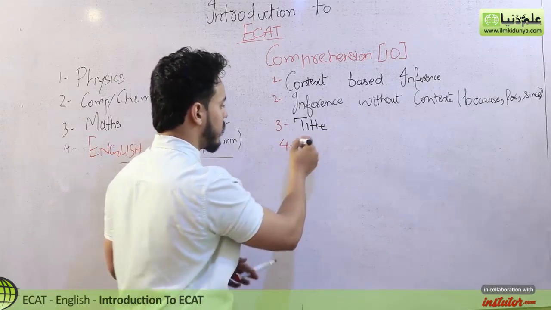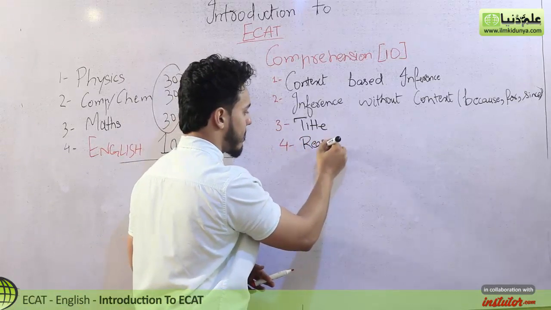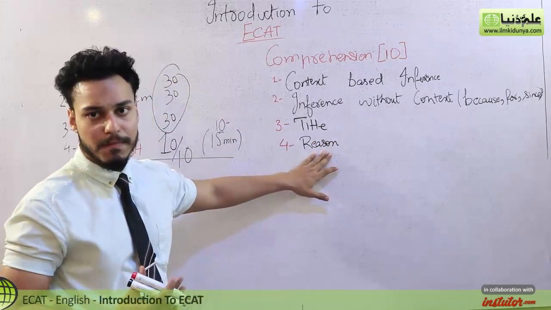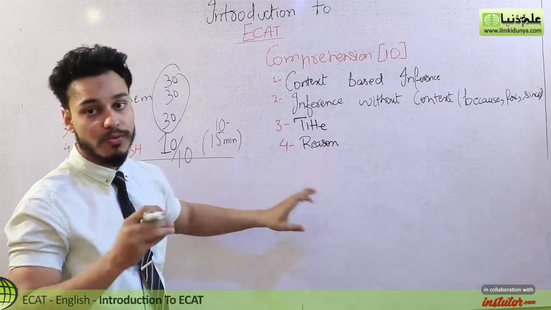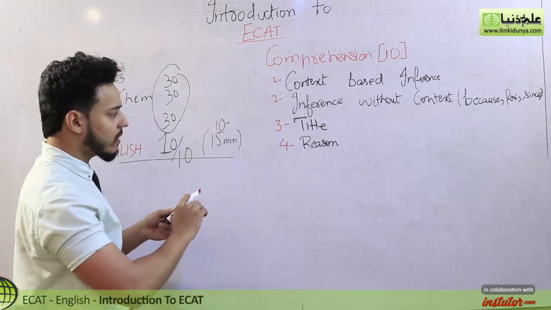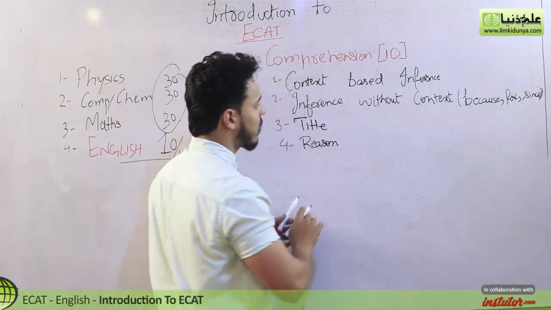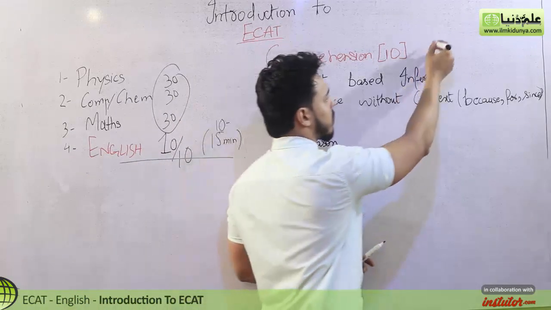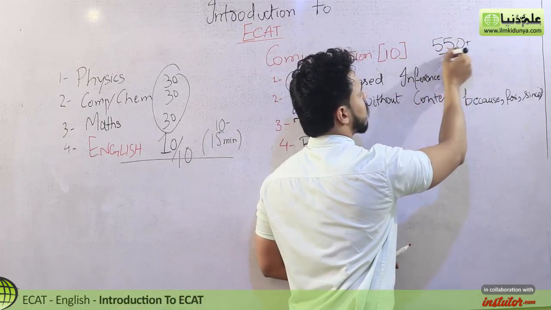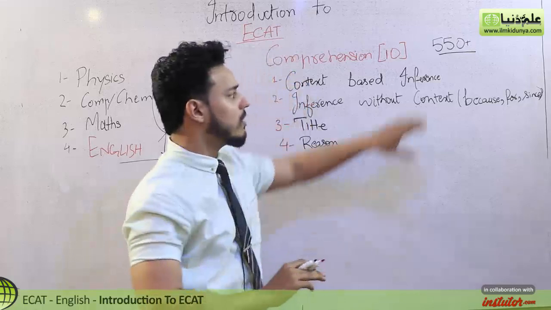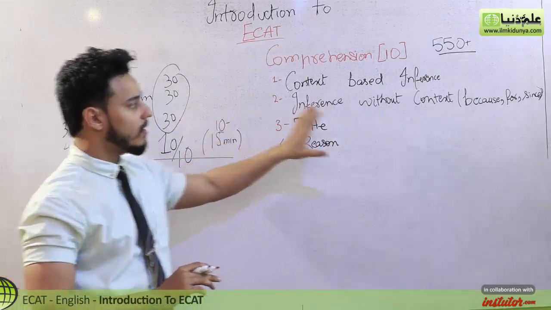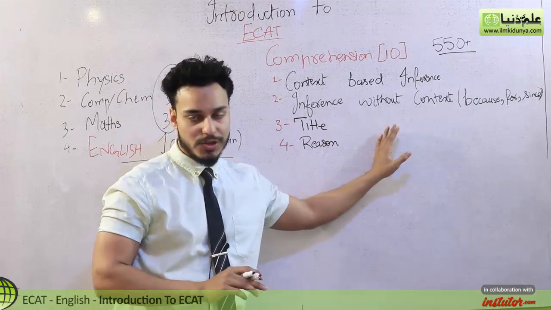Then we have reason. Reason, as in 2016 paper of ECAT, what was the reason behind this? So we'll discuss that it was a passage of comprehension which has almost 550 or more words, and you are going to read these words in this much time and then answer this particular passage.